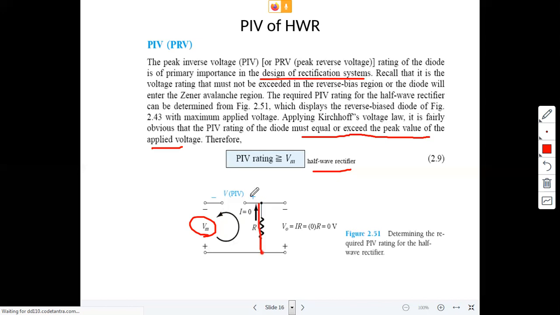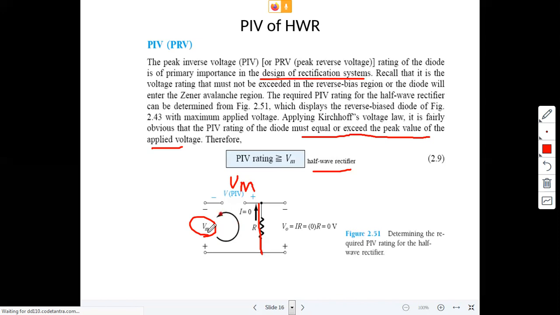Now this voltage here, this is plus and this is minus, and this voltage across the diode is equal to Vm. You must choose it in such a way that this voltage does not exceed the diode breakdown voltage.